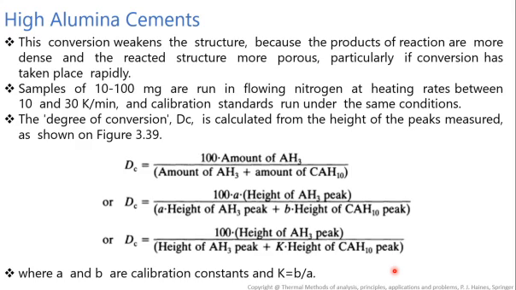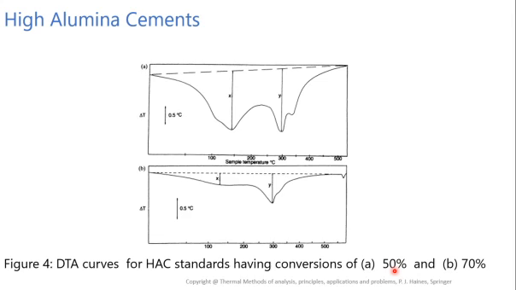Or DC equals 100 times A times the height of the AH3 peak divided by A times the height of the AH3 peak plus B times the height of the CaH10 peak. Or we can calculate it as DC equals 100 times the height of the AH3 peak divided by the height of the AH3 peak plus K times the height of the CaH10 peak, where A and B are the calibration constants and K equals B upon A.